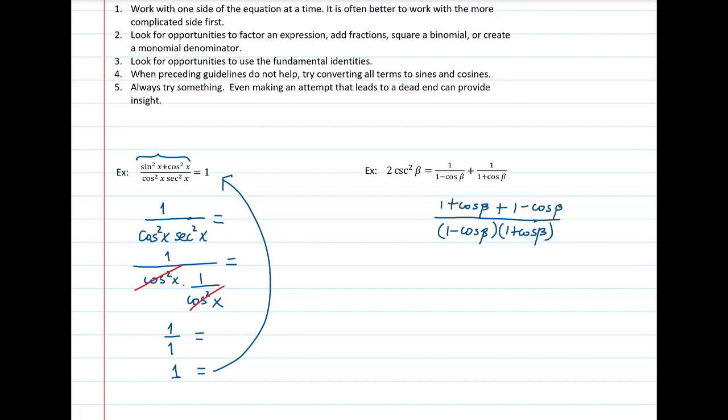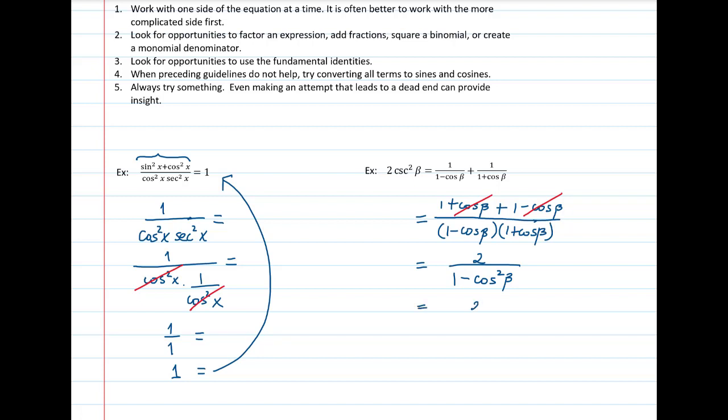And we get that the denominator is the product of the two denominators there. And we get that on top. Notice how the cosine betas cancel out in the numerator. And I have 1 plus 1 there. It's just 2 on the top. On the bottom there, the denominator, I'm just going to distribute and get that difference of squares there, 1 minus cosine squared of beta.